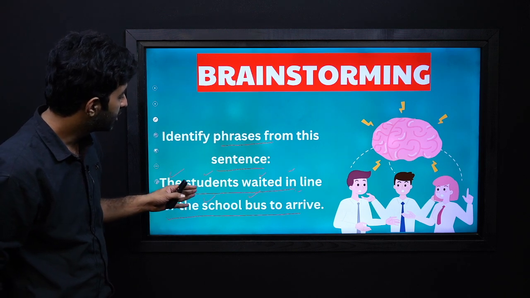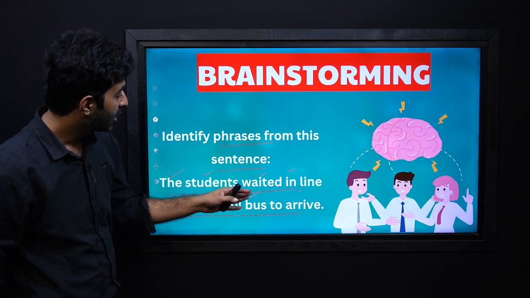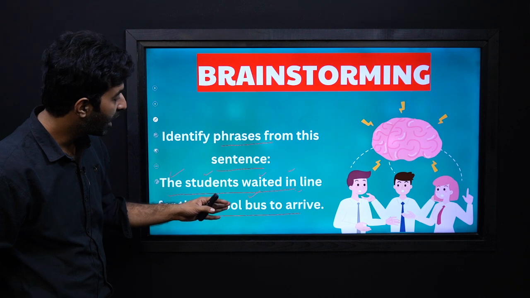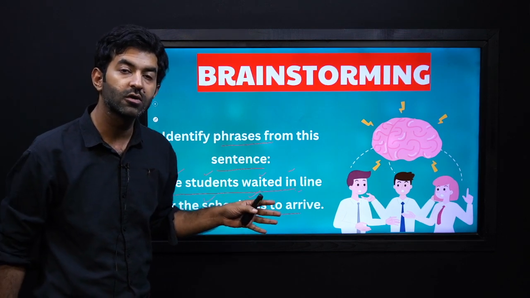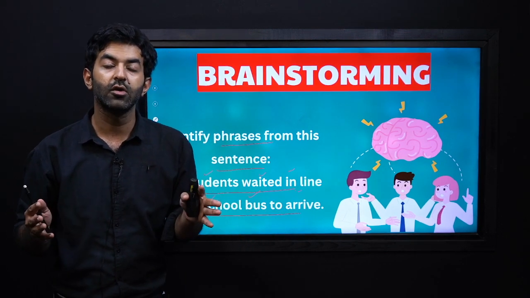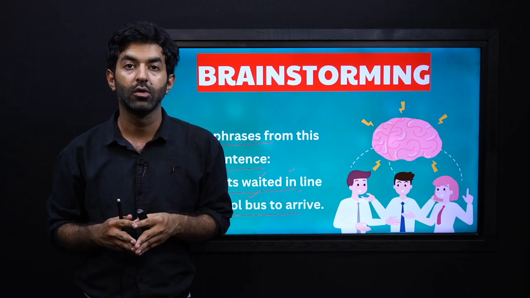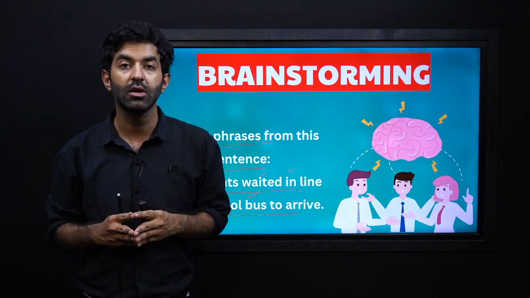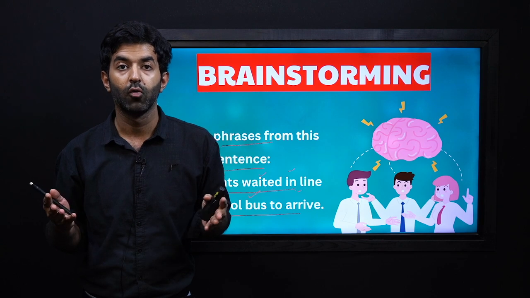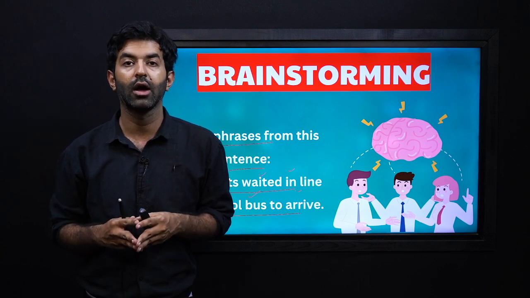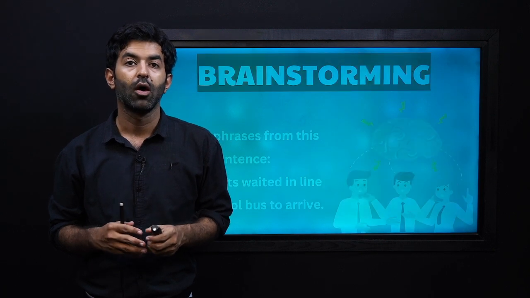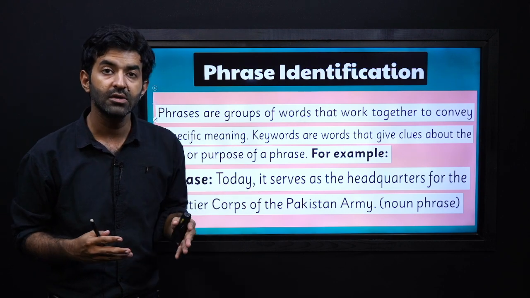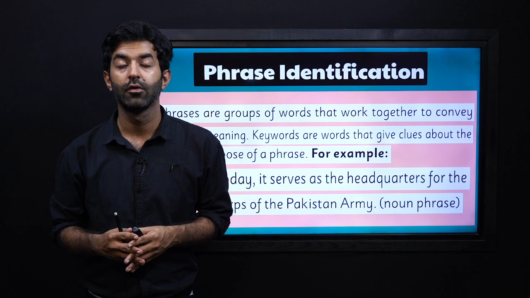Now, if you see the students, or in line for the school bus to arrive. So, we have a chunk of noun phrase, that is any word, one or two, that comes up with your noun. And for the prepositional phrase, you have to find a preposition with any other word. It can be an adjective or a noun.